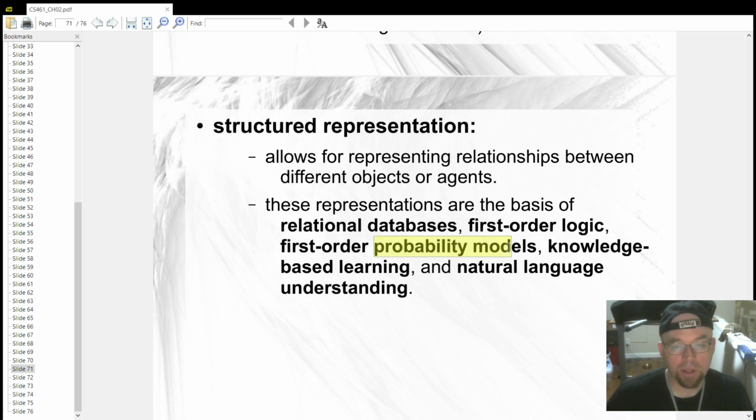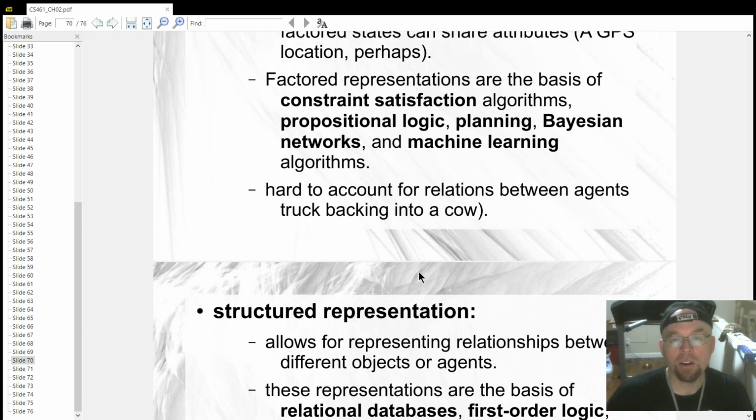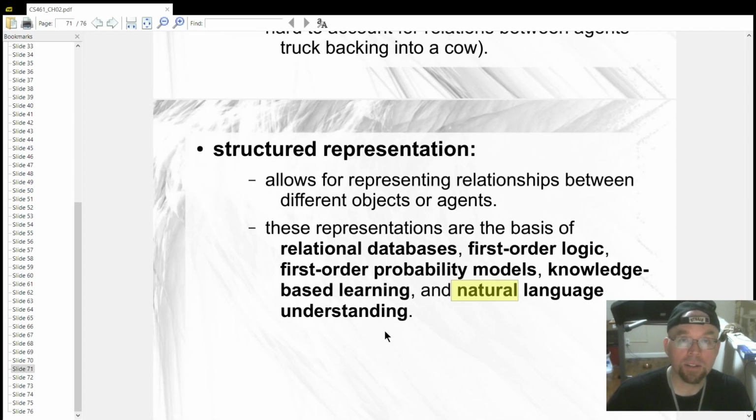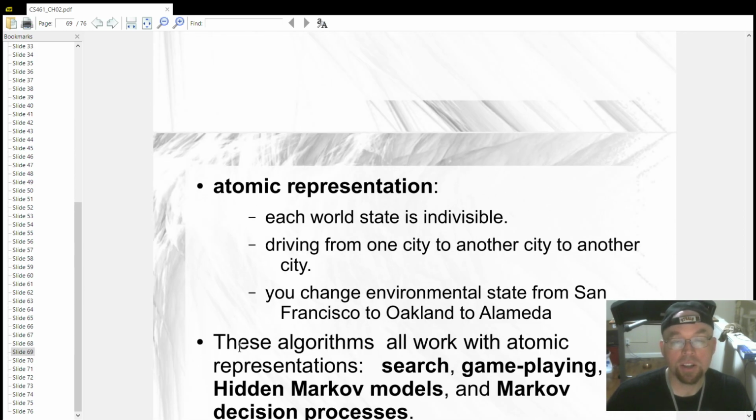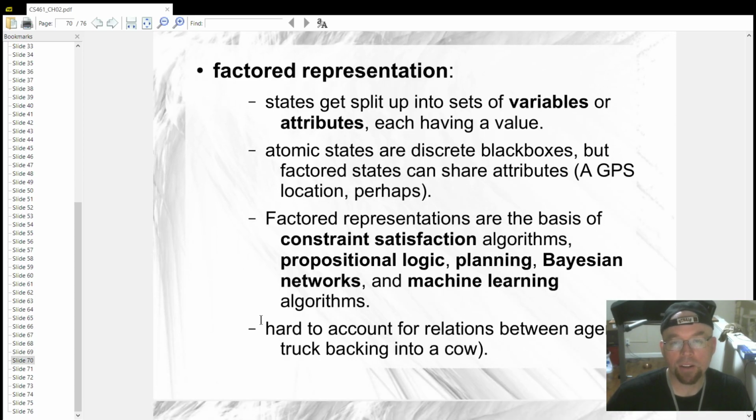Different types of probability models, natural language processing, knowledge-based learning, right? So more complex, more flexible, more stuff you can do with structured representation. Atomic, simplest, very limited, very constricting, and then factored's in between.